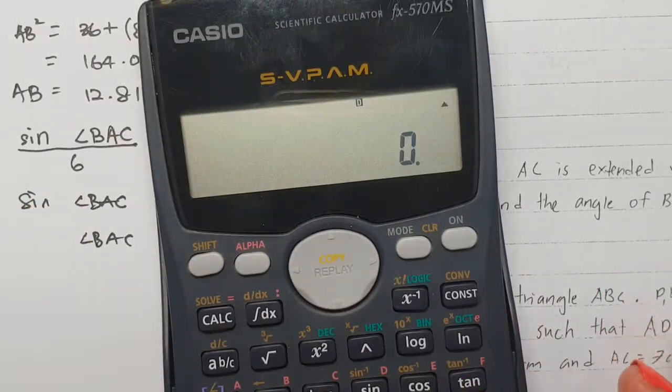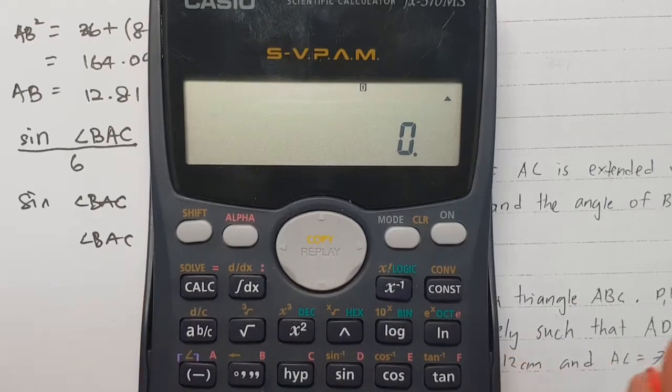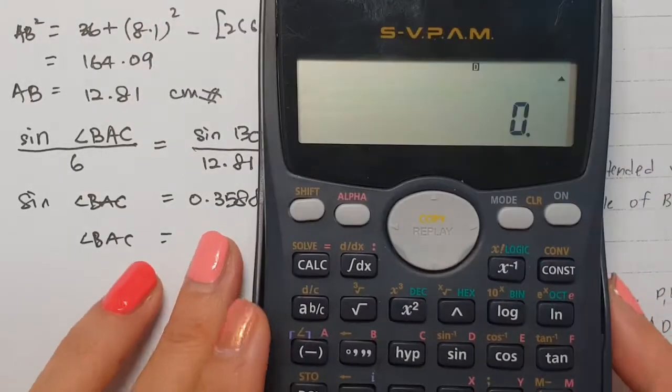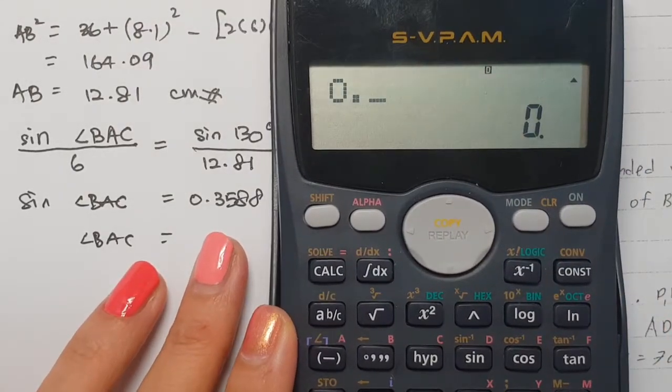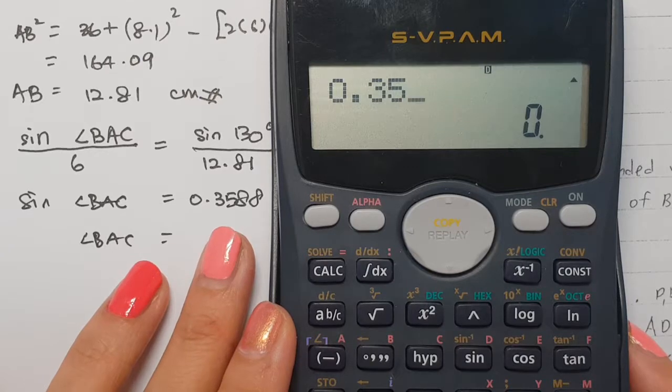Now, actually there are steps for finding which quadrant, finding the reference angle and the actual angle. But this one, we just go straight to the arcsine, because the second quadrant we can calculate by subtracting from 180.